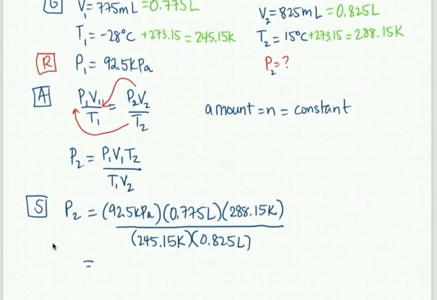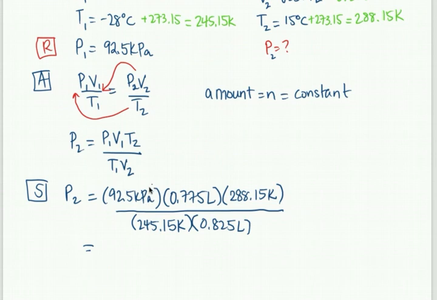You'll see that the liters will cancel out, the kelvins will cancel out, so that leaves kilopascals, which is the unit for pressure. It's a nice, easy lesson: you just have to calculate everything correctly and put things in the right spot of the formula.